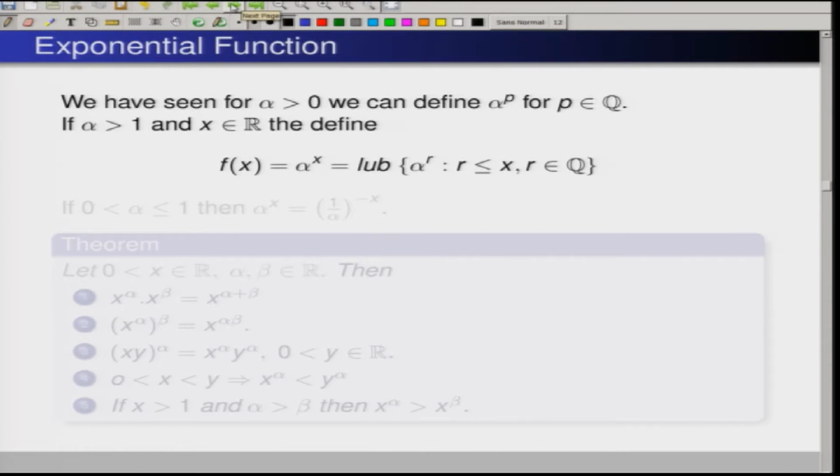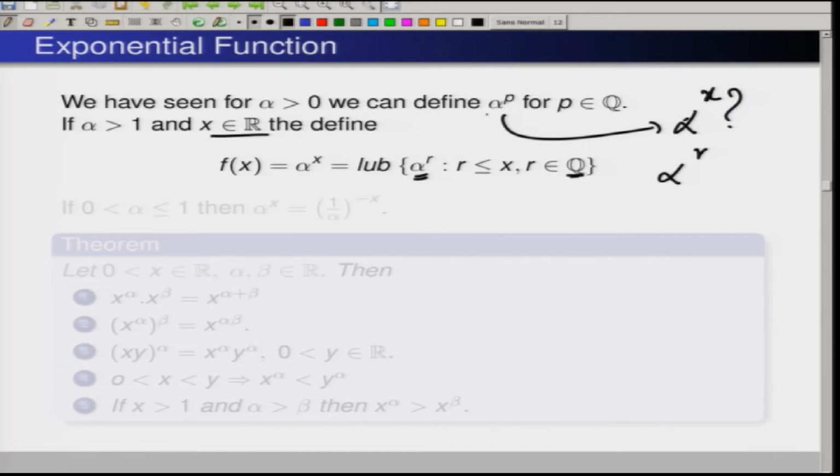Now, if alpha is greater than 1 and x is in R, let us define f of x to be alpha to the power x, where x is now in R. What we want to get is: can we define alpha to the power x? This is how we are going to define it. You take alpha to the power r, which is defined because alpha is greater than 1, that means alpha is greater than 0, and r is a rational.